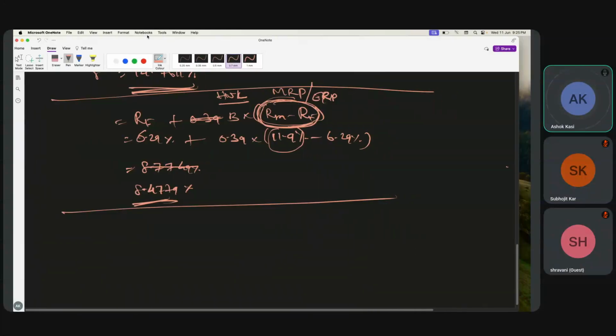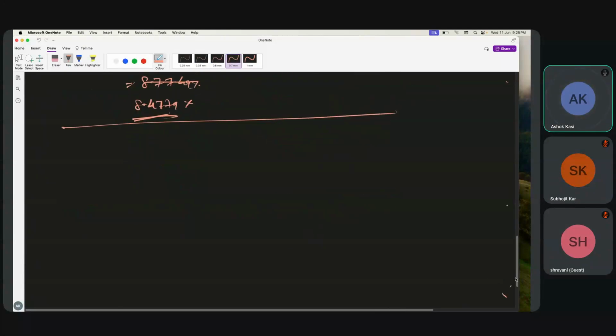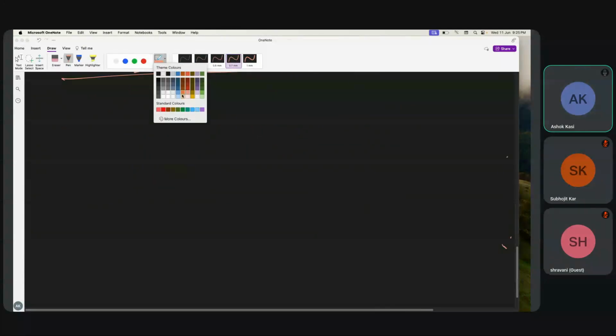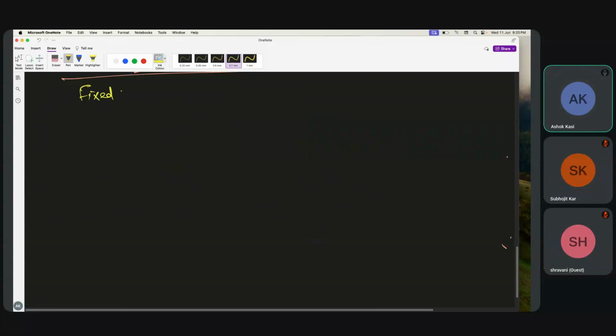See, for example, before we jump into preferred stock, think about a simple fixed deposit.